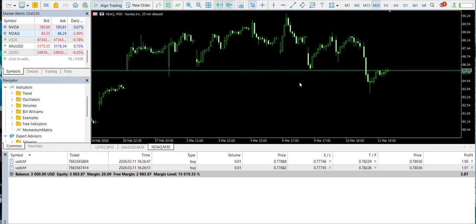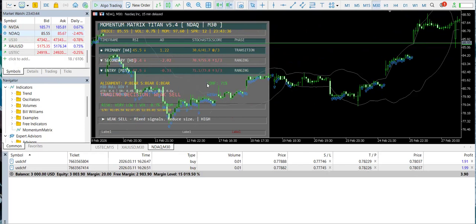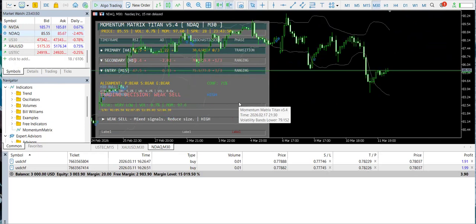So you look at this. This is selling. It is a deep selling confirmation, that is 71. So you can use it in different ways or on different assets.